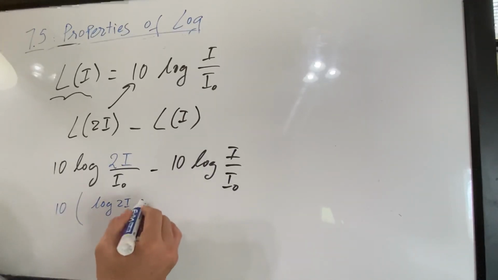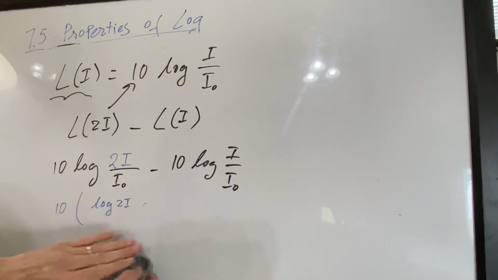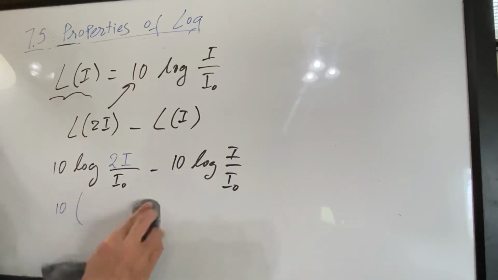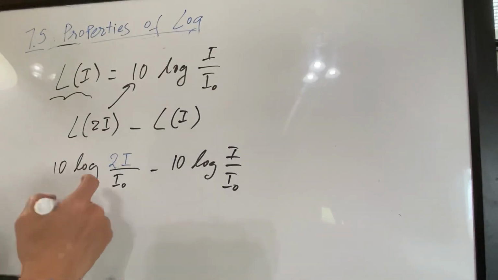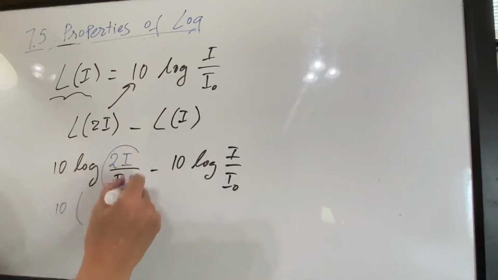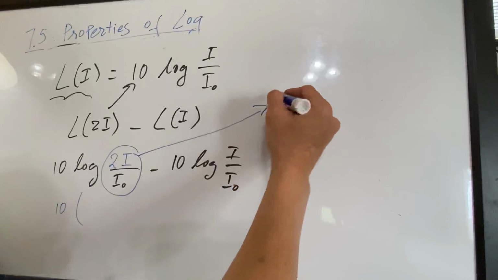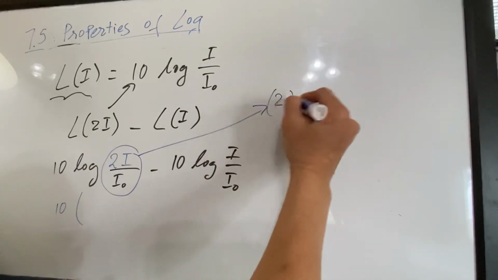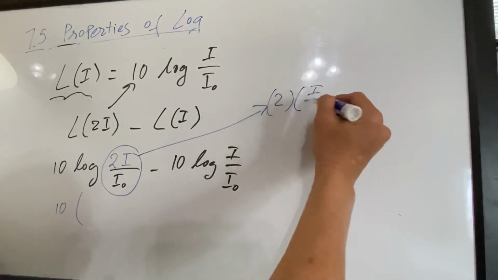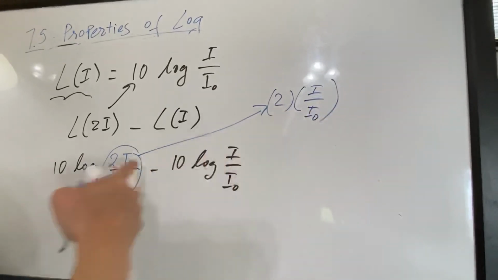This is a good application. Look, I'm going to rewrite this so you can see it. Can I rewrite this as 2 times I over I0? Yep, I can do that.